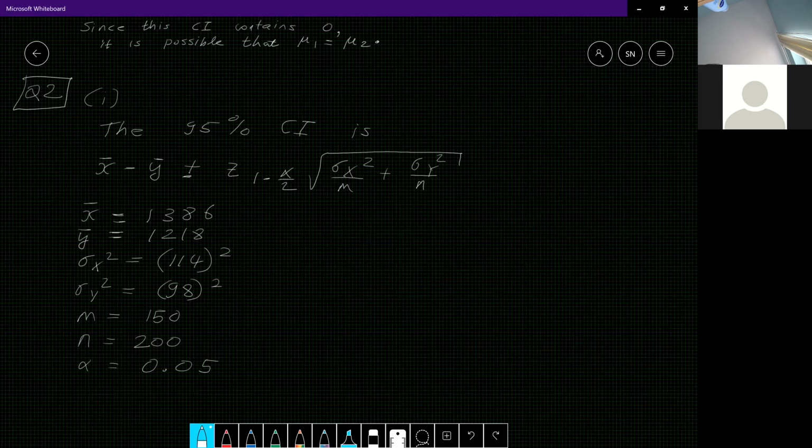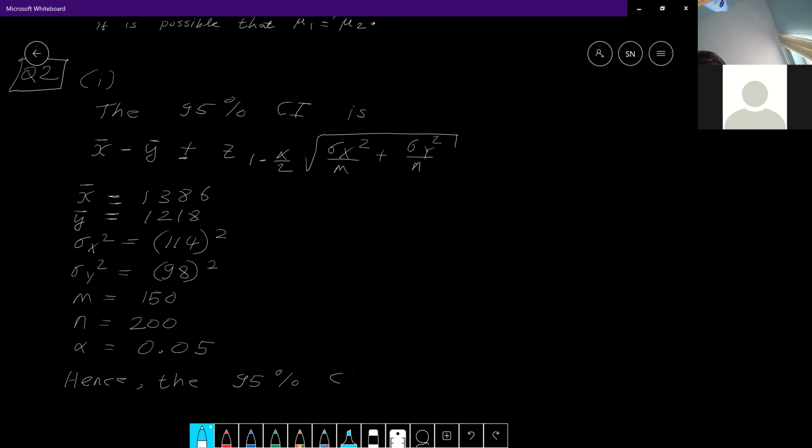Okay. So given all this data, you should be able to find the confidence interval, and so hence the 95% CI is as follows, all right?